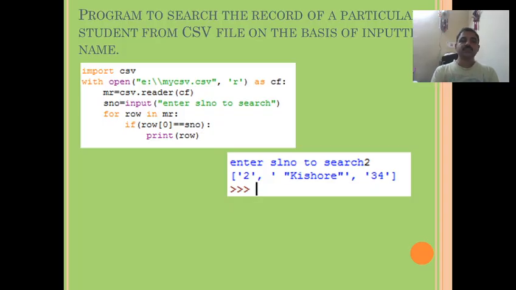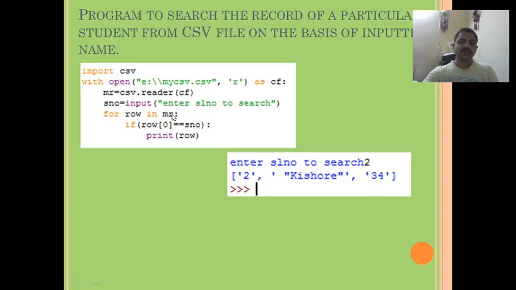Next, we saw how to store it in a CSV file. Oh, sorry, how to read from the CSV file. Now let us search for a particular record in a CSV file. In this, we just ask the user to enter a serial number to search for.